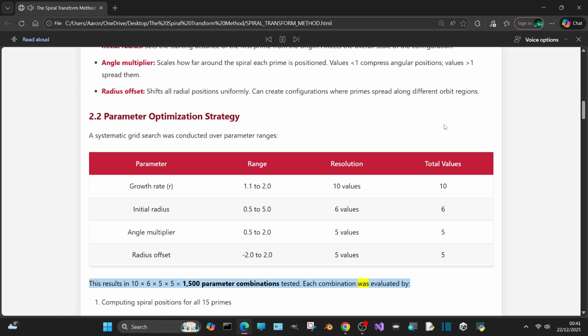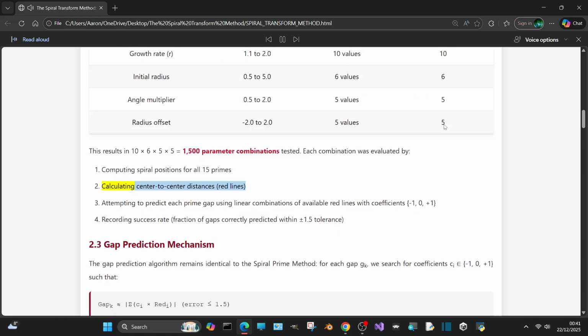Each combination was evaluated by computing spiral positions for all 15 primes, calculating center-to-center distances, red lines, and attempting to predict each prime gap using linear combinations of available red lines with coefficients of -1, 0, +1.